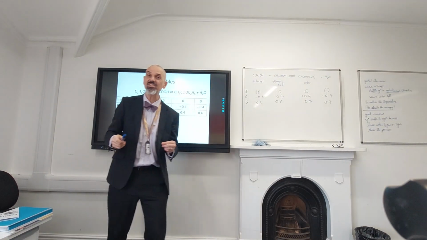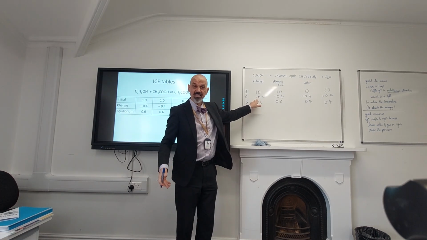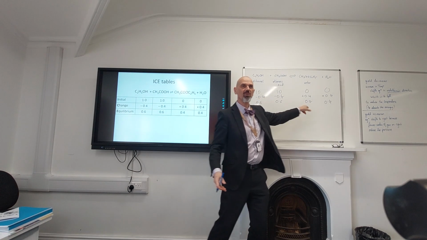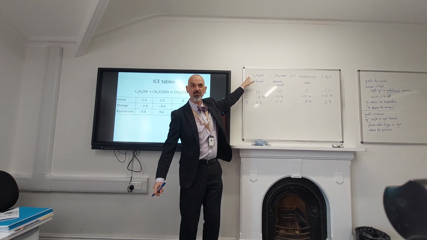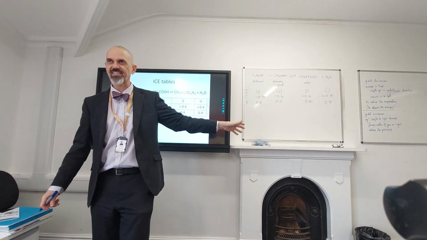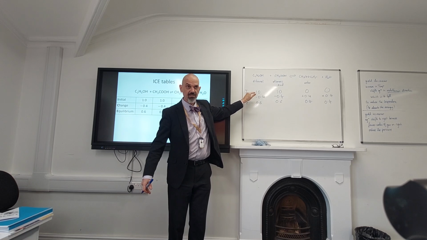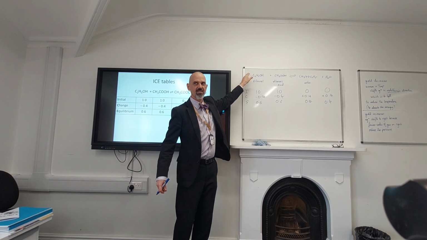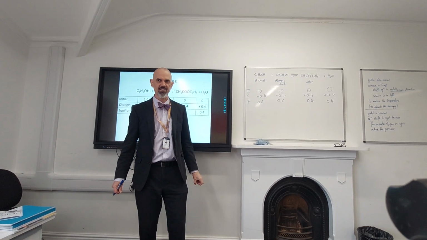Now the key thing to note is that ignoring the pluses and minuses, the changed numbers, 0.4, 0.4, 0.4, 0.4, are all in the same ratio as the balancing numbers, 1 to 1 to 1 to 1. I'm just going to say that again. Ignoring pluses and minuses, the numbers on the change line are in the same ratio as the balancing numbers.